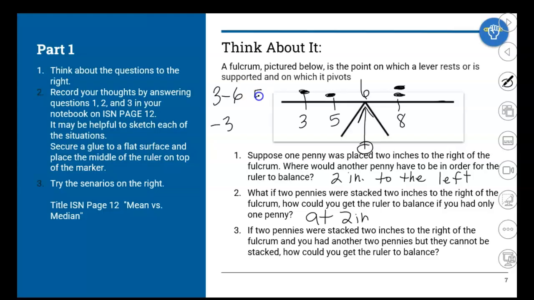And then what's 5 minus 6? -1. What's -3 minus 1? -4. Okay. And we already did this one, right? 8 minus 6? 2, but there's 2 pennies, so 2 times 2? 4. -4 plus 4? 0. Good job. Okay. What if yours are at different spots? It's okay if they're at different spots as long as your distance should be what? -4. Okay.